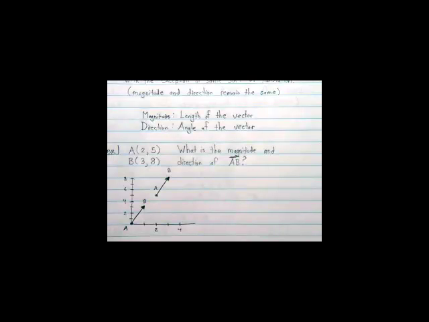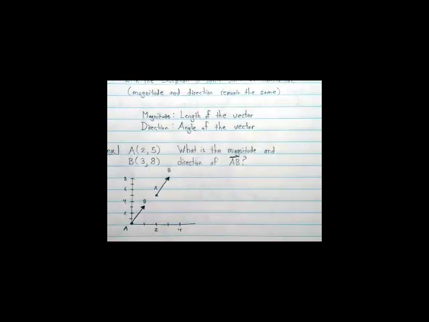Okay. So if A is now at 0, 0, it's all about the difference between them, right? So from 2 to 3, it's a difference of 1. So this new coordinate for B is going to have to be a 1. 5 to 8 is a difference of 3. So that's got to be 3. I always did it by looking at the graph, at least to get started with these. So if you look here, wherever A is, I'm going to have to go over 1 and up 3, right?